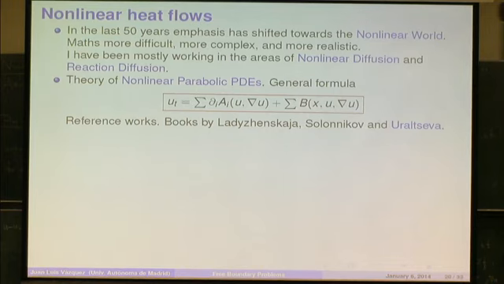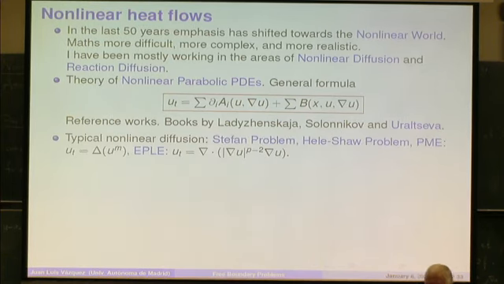So you have ∂_i of gradient_i, and this is the Laplacian. But if A_i is a power of the gradient, then you get the p-Laplacian. And there are many models of these parabolic equations with nonlinearities, and in the case where they do not degenerate and have no free boundaries, there is one of the typical books by Ladyzhenskaya, Solonnikov, and Uraltseva that is a good book. It's, in my opinion, a bit too long, but I will not complain.